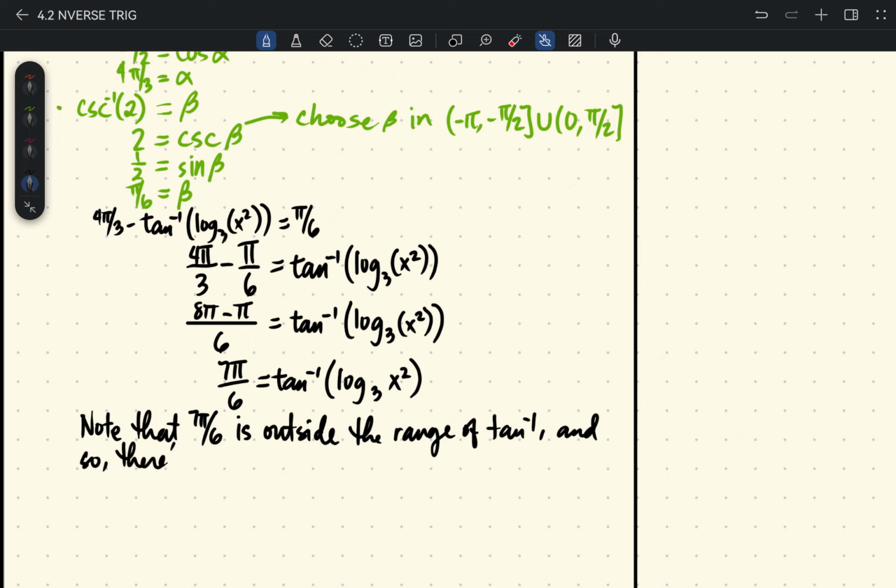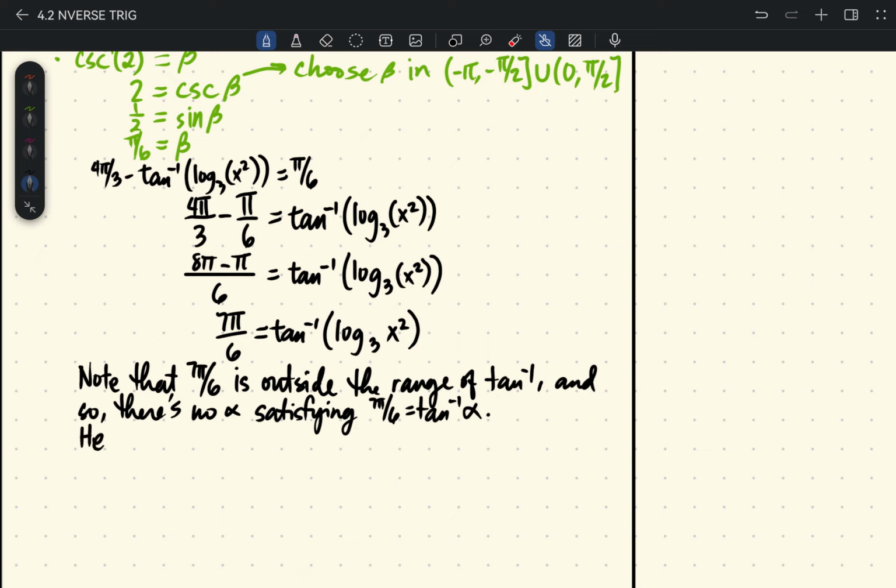So there's no alpha satisfying 7 pi over 6 equals tangent inverse of alpha. Hence, this equation has no solution.